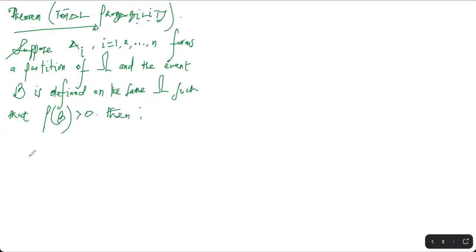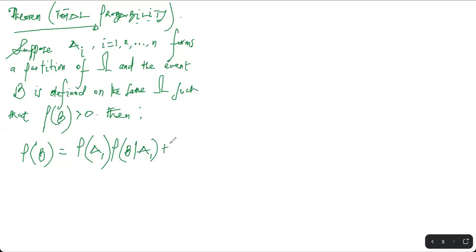it means that we can make this argument. The probability of B can be written as the probability of A1 multiplying the probability of B given A1. So now we're invoking conditionality here.